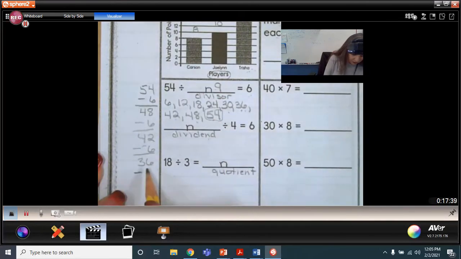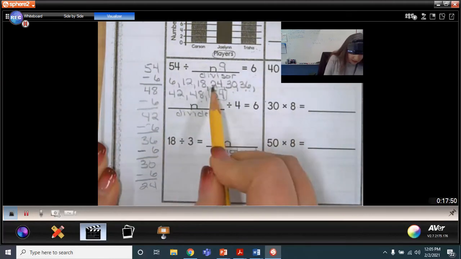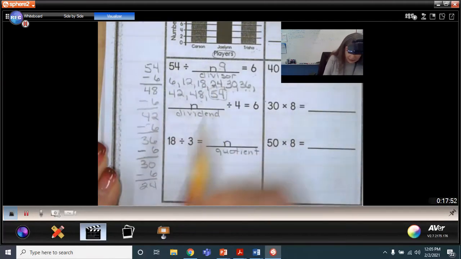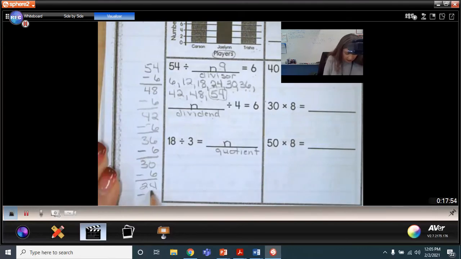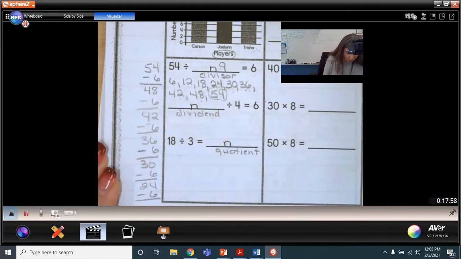Now I'm going to be at 30. Subtract 6 more. Now I'm going to be at 24. And if I continue to keep subtracting 6, you'll notice that this pattern is going backwards instead of forwards.